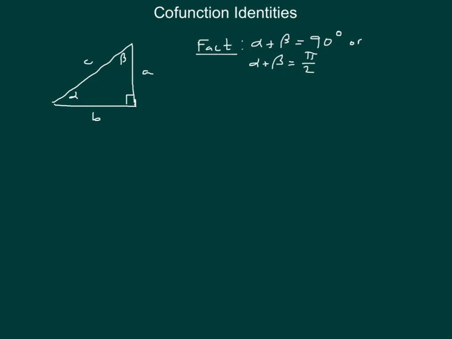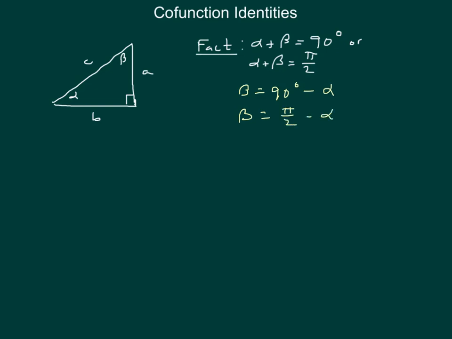Now that's going to be important because, looking at degrees, I know that beta is equal to 90 degrees minus alpha, or beta is equal to pi over 2 minus alpha as well.